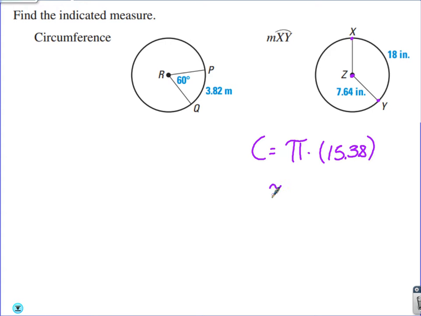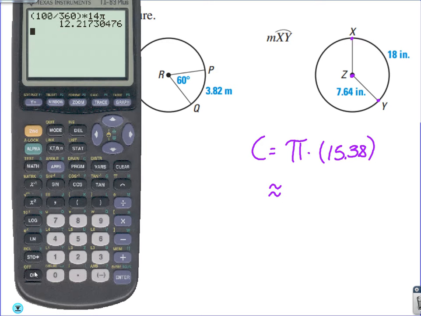So pi times 15.28. Somebody multiply that out for me. Actually, so that I have it exact, let me do it right here. 48.29. So it said 48.3. Oh, you used 3.14, that's fine. So that's the distance all the way around.